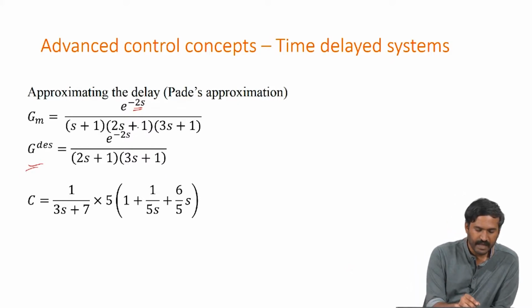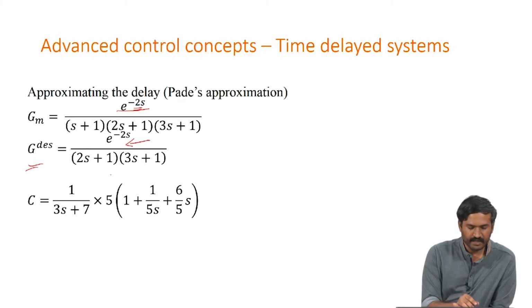So, we take the same e power minus 2s here also, and then define the G desired function.